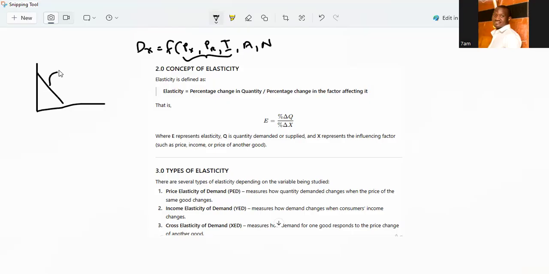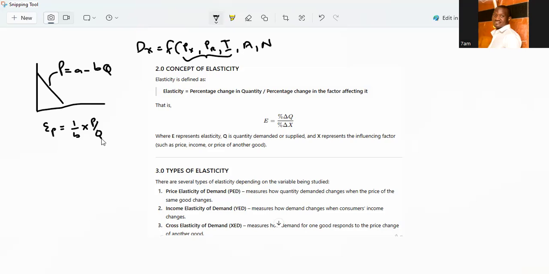So price elasticity of demand is always negative. You can't get a positive answer for price elasticity of demand. So price elasticity of demand can be calculated using what we call an inverse demand function. Price elasticity of demand here can be given by 1 over B times price over quantity.